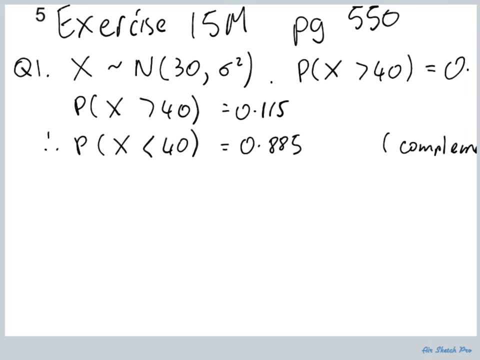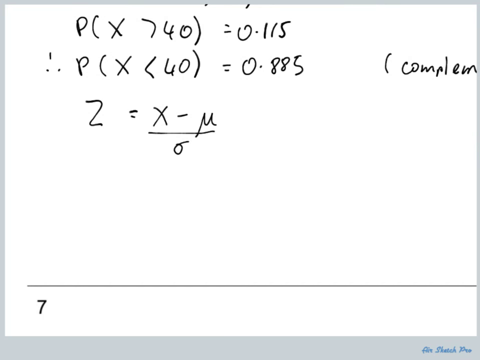We have a formula: the standard variable Z is given by x minus the mean, all over the standard deviation. That's the conversion rate. In this case, x is 40. That's our boundary, that's why we chose it.